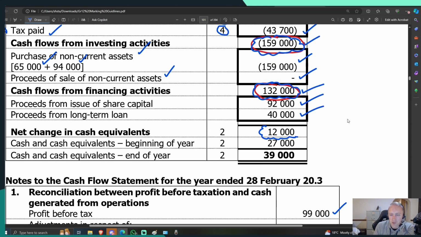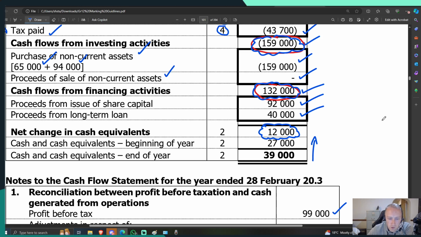There's our magic figure. Now we need to also get that same figure if we work bottom up. That is, by looking at our cash and cash equivalents at the beginning of the year and our cash and cash equivalents at the end of the year.